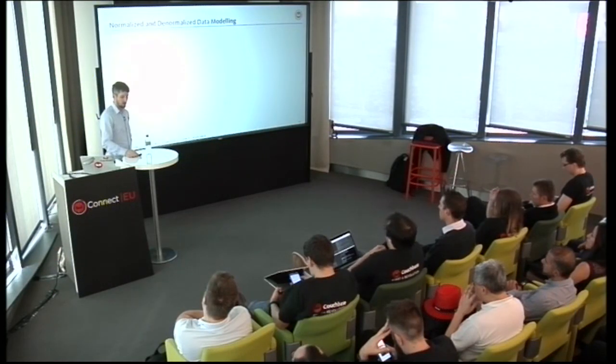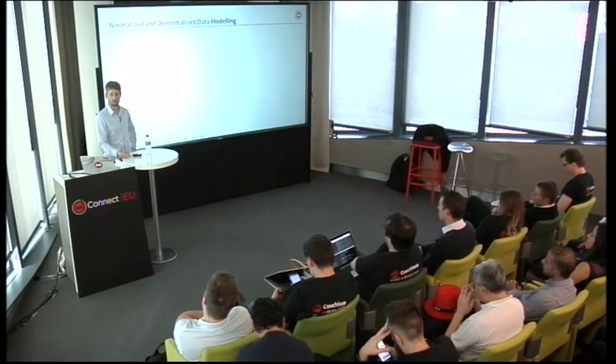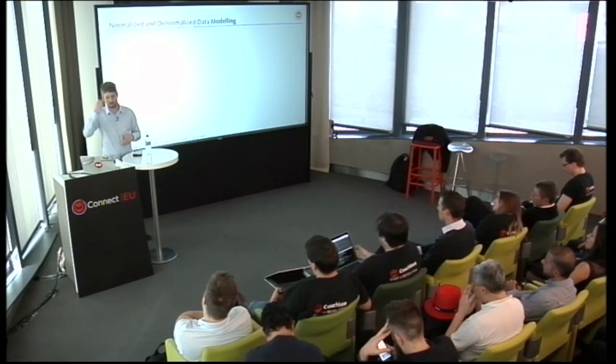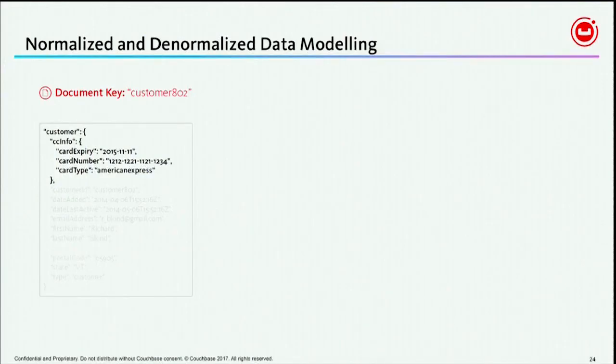So one of the concepts that we get into quite a lot in conversations is around data modeling and whether to be normalized or denormalized. A big challenge with most NoSQL databases is that they require a large degree of denormalization.